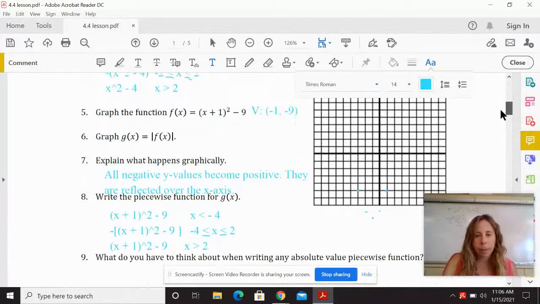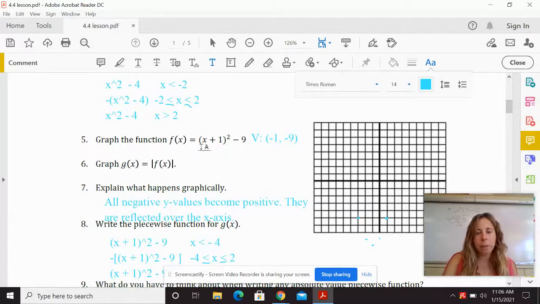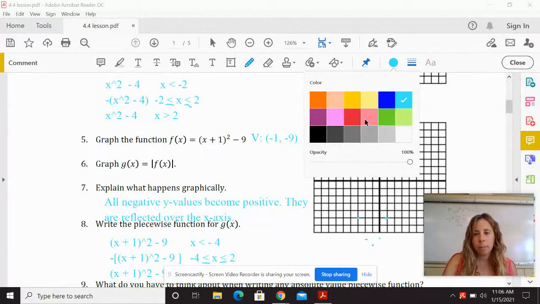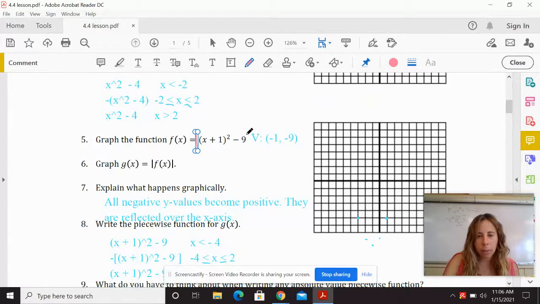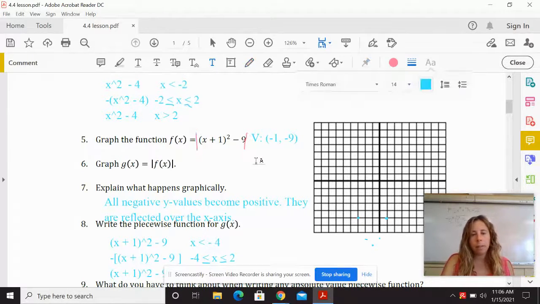When we took the absolute value of this whole equation and graphed it, we took the absolute value of the whole thing. The whole shebang. Everything was inside the absolute value. When you take the absolute value of f of x, like we did, you have to put the whole thing in the absolute value sign. Okay?